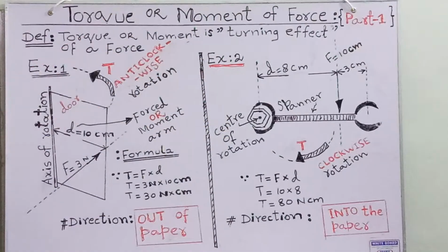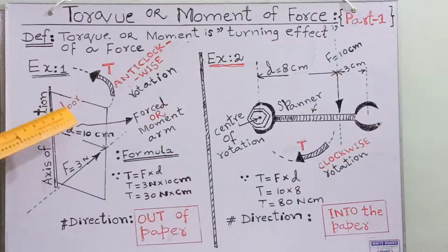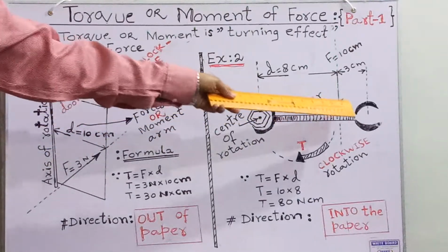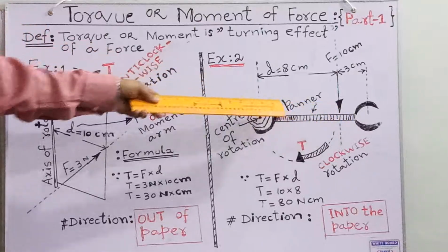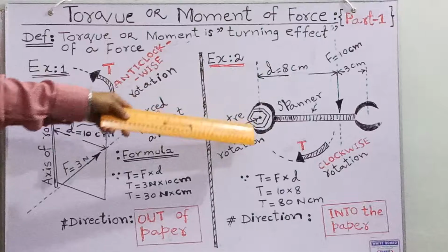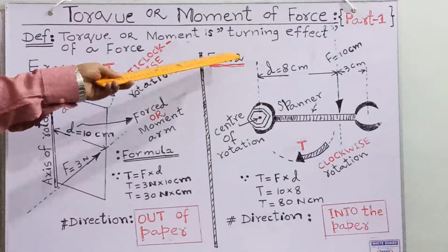For the explanation, in this first part, we consider the example of a door and a spanner. A spanner is a tool used to undo or open the screw or bolt of any machine. So it is the second example.